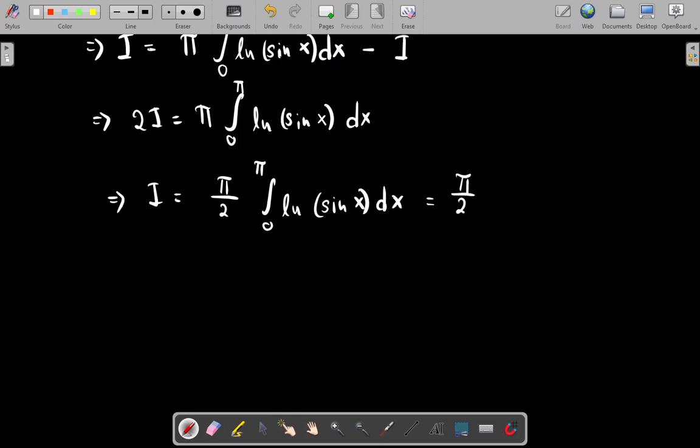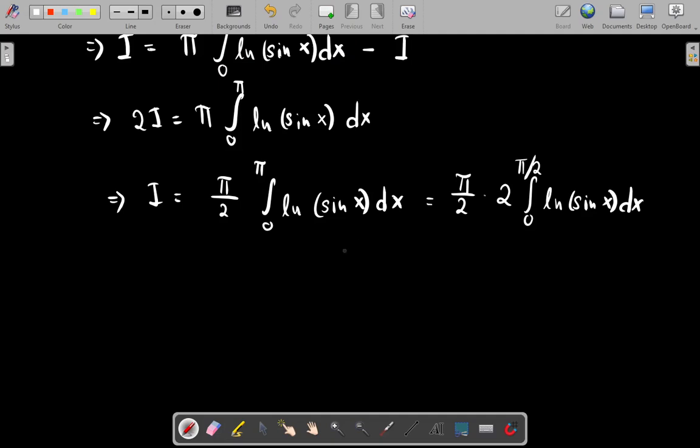Now instead of this being from 0 to pi, if I change this upper limit from pi to pi upon 2 for ln sin x dx, I have half the limit, so this will become 2 times the integral, in order to maintain this. Since sin x is symmetric from 0 to pi, if I change the upper limit to pi by 2, this entire integral will become 2 times.